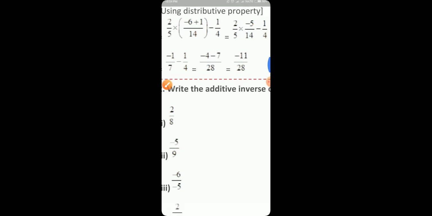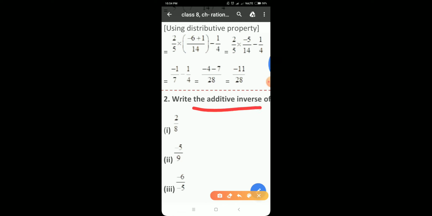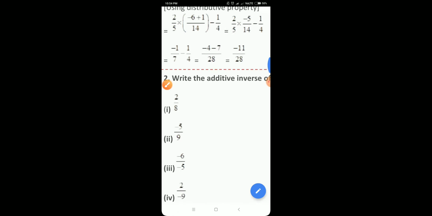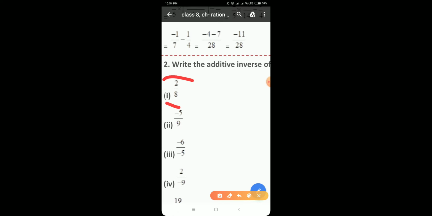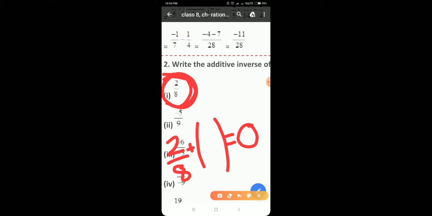Next question is, write the additive inverse of the following. First you will have to find the additive inverse of 2 by 8. When you find the additive inverse, you will have to find the additive identity, and that is 0. What will you add to 2 by 8 so that the result will be 0? You will add minus 2 by 8, just the negative of this number.